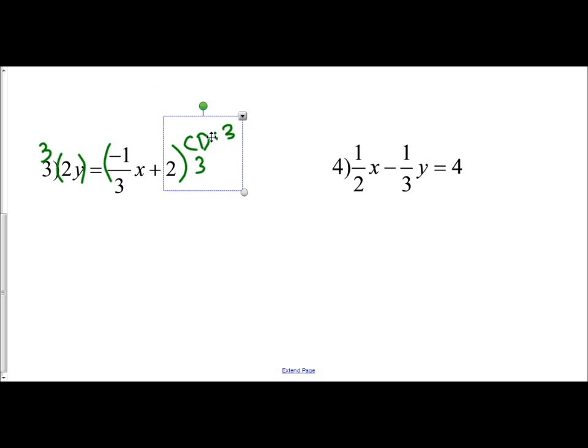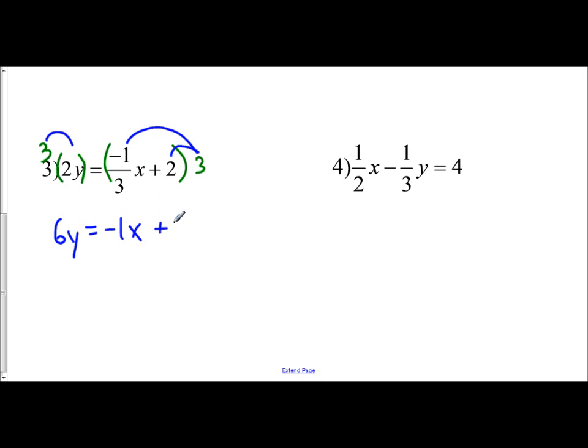And that allows me to distribute and cancel out my denominator. So 3 times 2y is 6y. 3 times negative 1 is negative 3, and then divided by 3 is negative 1. So I have a negative 1x. And then 3 times 2 is 6.